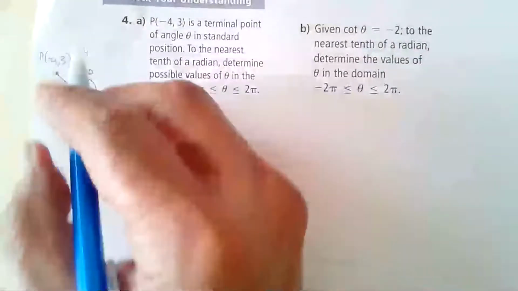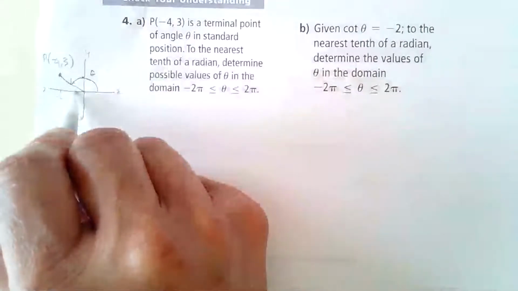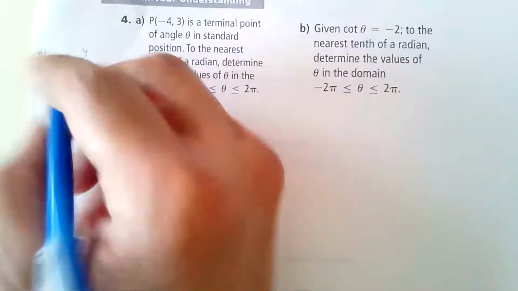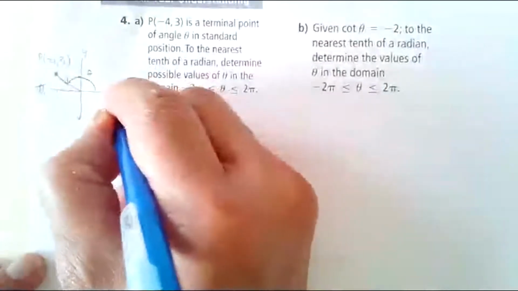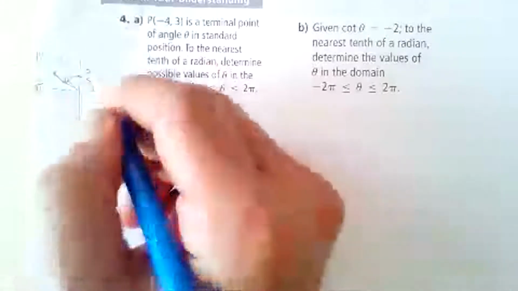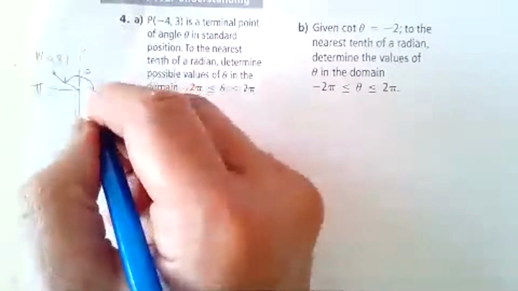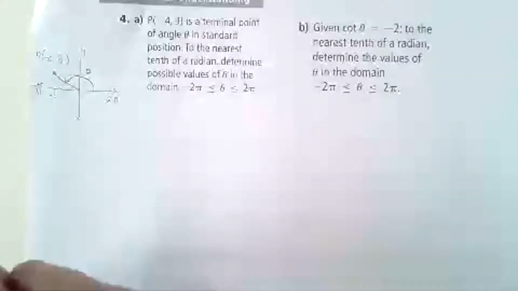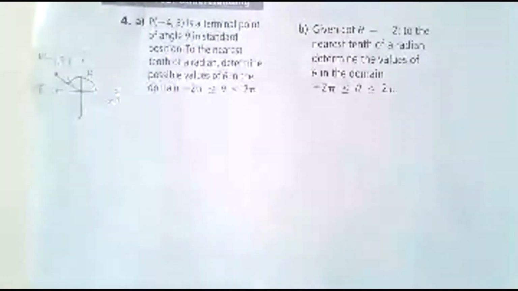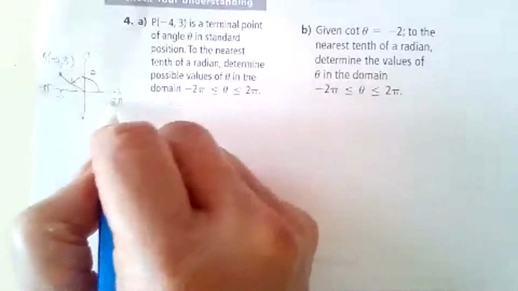Once we find this reference angle, we will subtract it from pi, to find theta between 0 and 2 pi. And between negative 2 pi and 0, we add theta to negative 2 pi to give us the angle between negative 2 pi and 0.